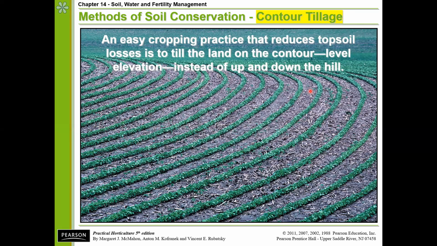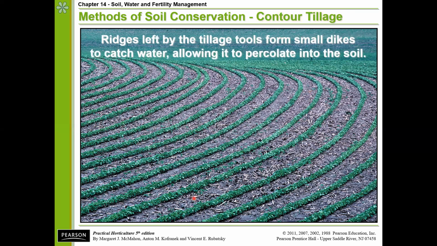If you plant crops or form small ridges on the contour, it slows the flow of any runoff or any water that's moving, and sinks it into the soil and spreads it out rather than allowing it to run off.